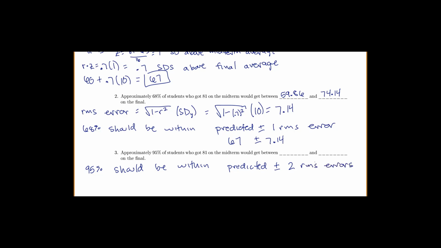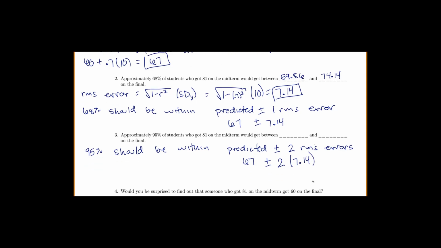Our predicted value for an 81 on the midterm is 67 on the final, and we want to do plus or minus 2 times the RMS error, and our RMS error is 7.14. So that gives me the numbers 52.72 to 81.28. So let's fill that in, 52.72 to 81.28.